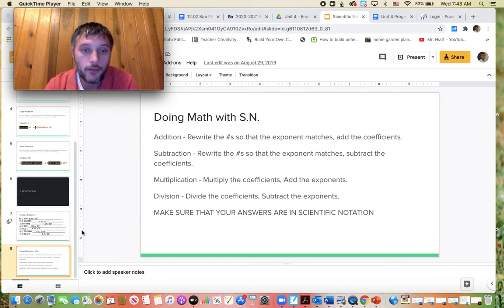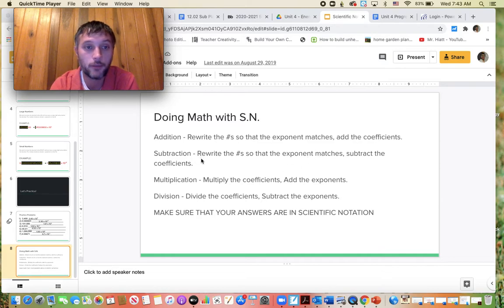But these rules will help you do scientific notation without your calculator. So if we're adding, we rewrite the number so that the exponent matches, and we can add the coefficients.